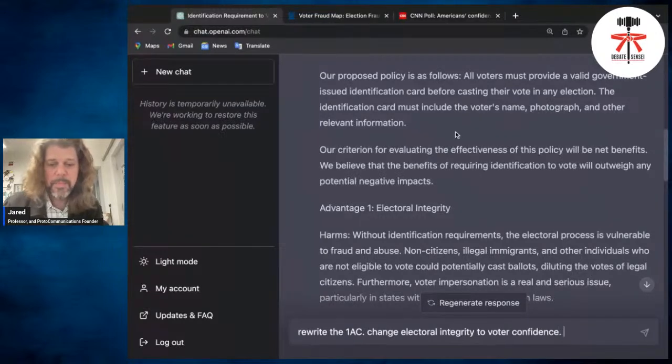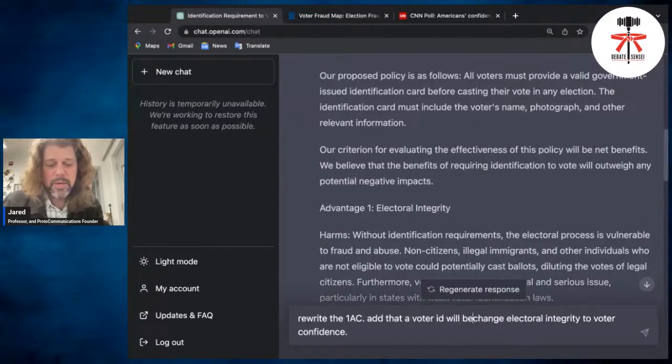Add to the plan that a voter ID will be made available for free to any and all legally registered voters.